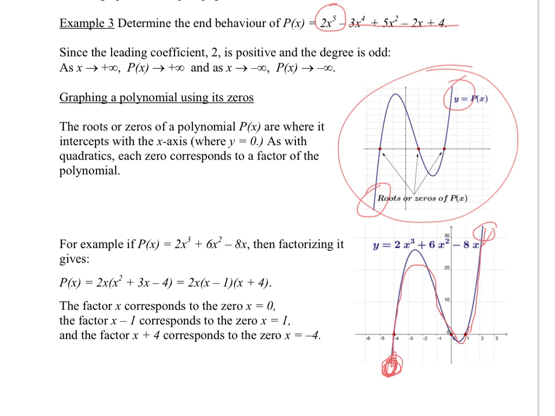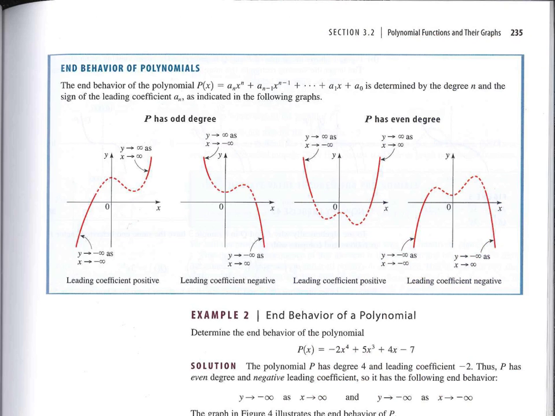Now for more details, we can look at the page, page 235. At the top of page 235, it gives you details. You can see that this thing here looks a little bit like x cubed.